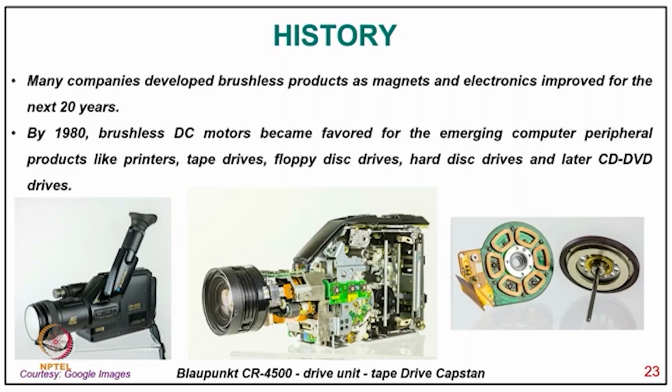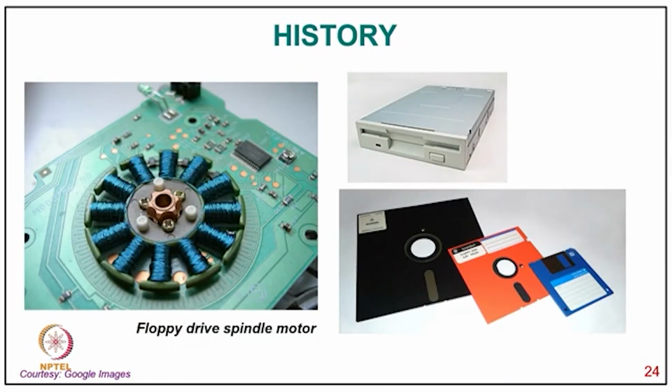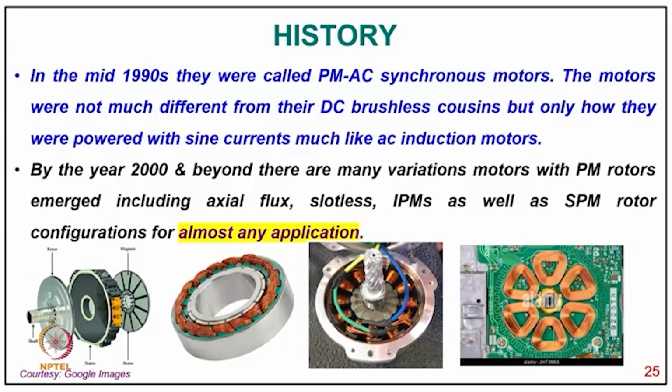As you can see in the photograph, how it is there in different parts of the camera, also for movement, and then the floppy disk drive as a spindle drive in floppy and hard disks, and in different drives this kind of motor is put.